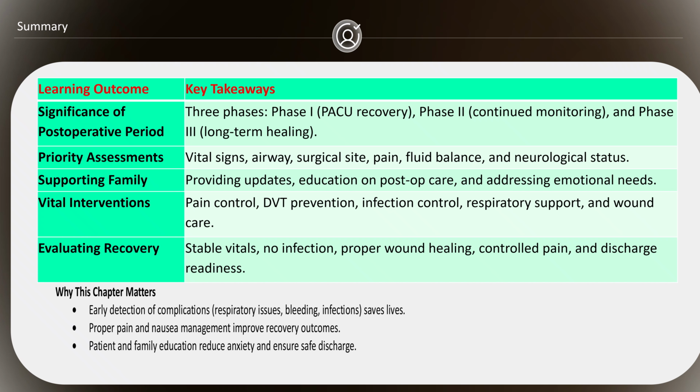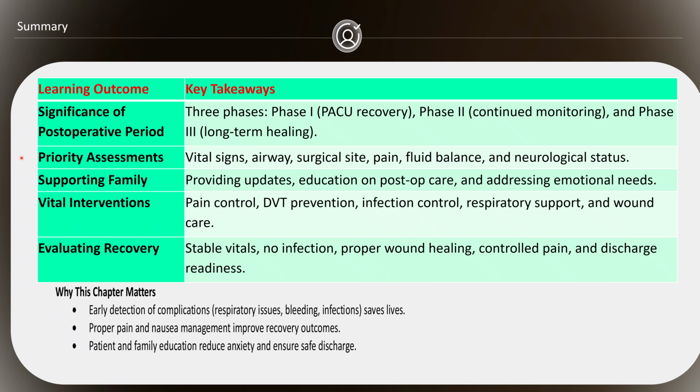Here we talked about the significance of the postoperative period and its three phases: phase 1 in the PACU, phase 2 continued monitoring, and phase 3 long-term healing.